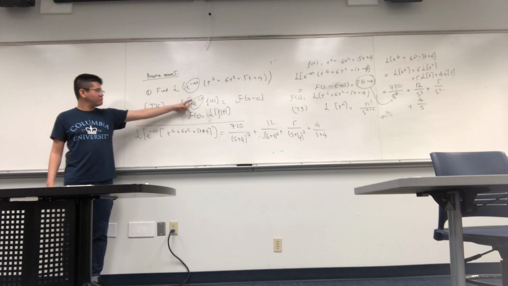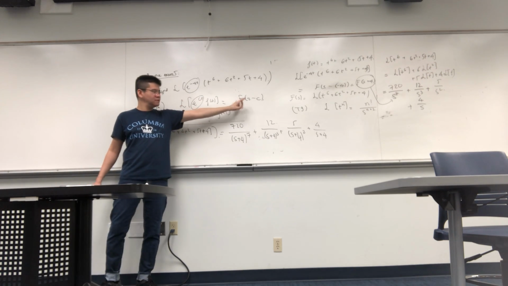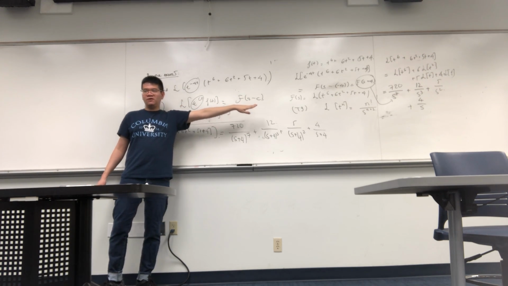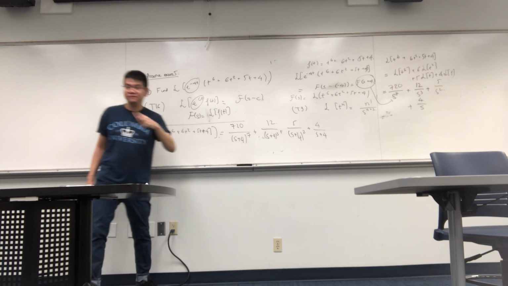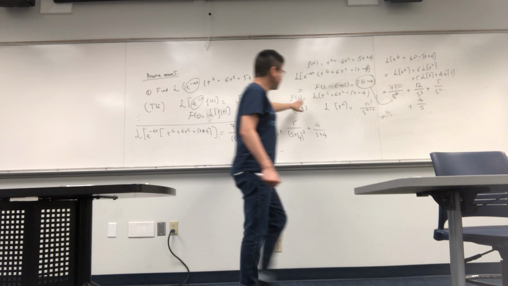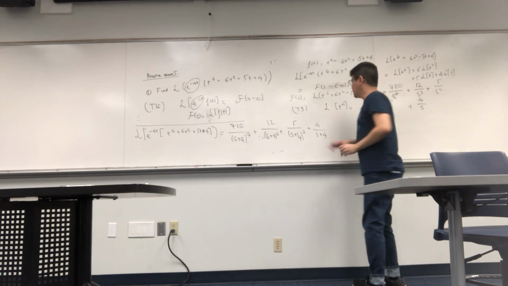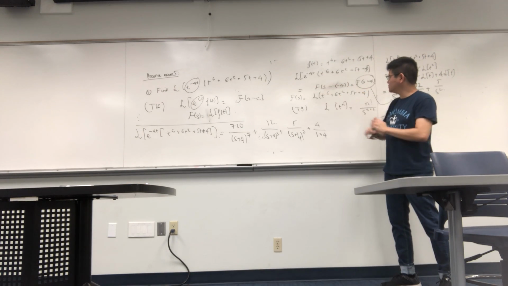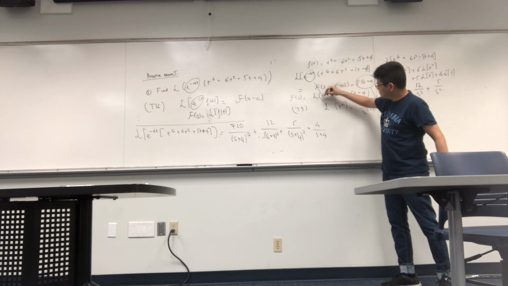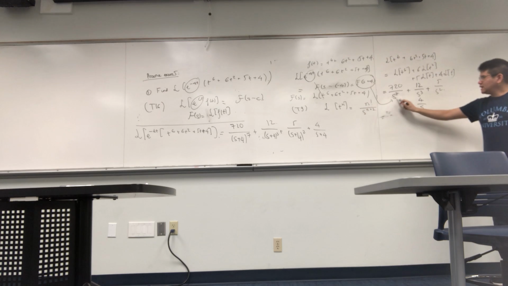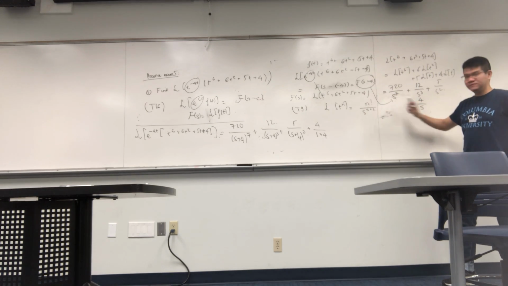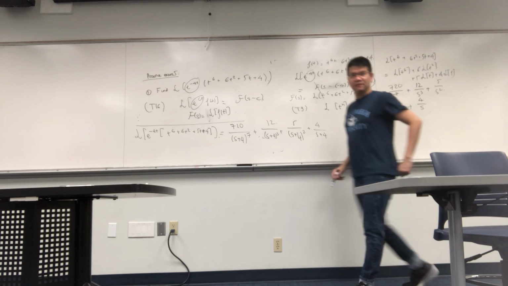So whenever you have an exponential, you shift the Laplace transform of the function without the exponential by the c. You do the Laplace transform of the guy without the exponential normally, and at the end you replace the shift in the variable s.